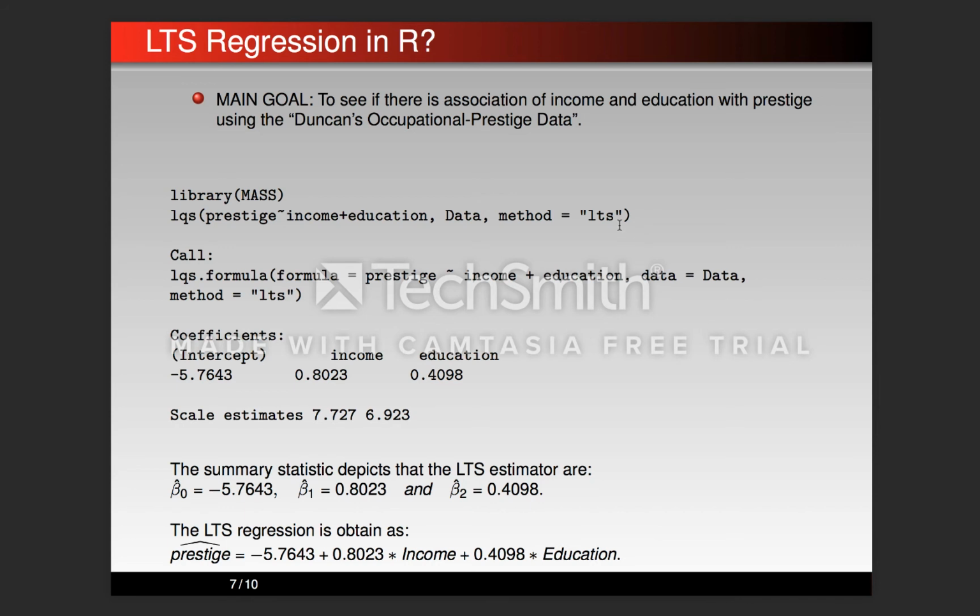Using this command, we get this output where the coefficient of the intercept is minus 5.7643, income is 0.8023, and education is 0.4098.